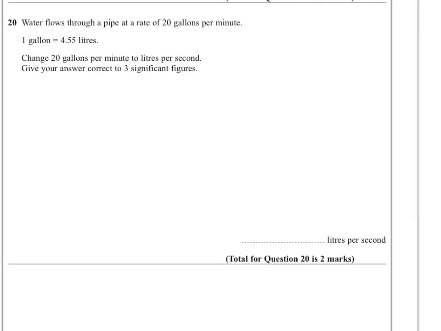Question 20. It says water flows through a pipe at a rate of 20 gallons per 1 minute. And it says what 1 gallon is. So if 1 gallon is 4.55 litres, then it wants to change 20 gallons per minute into litres per second.